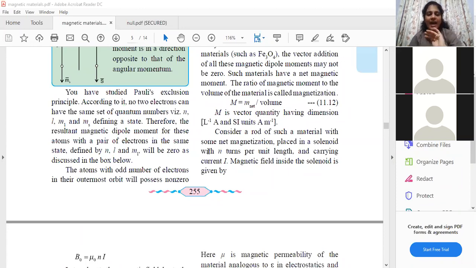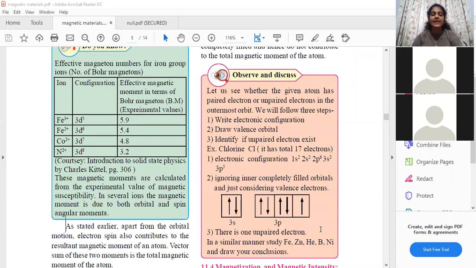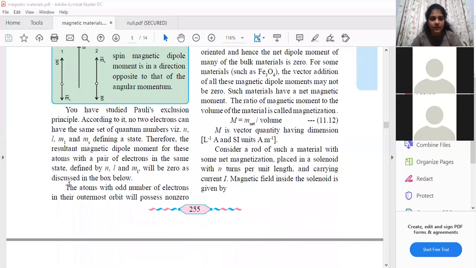Okay, see students, I know they have explained it in a little complex manner. One simple thing to remember, and why I explained this example before, is that if unpaired electrons are present, then magnetic moment is also present. Look at this part. This part is important. The atoms with odd number of electrons.